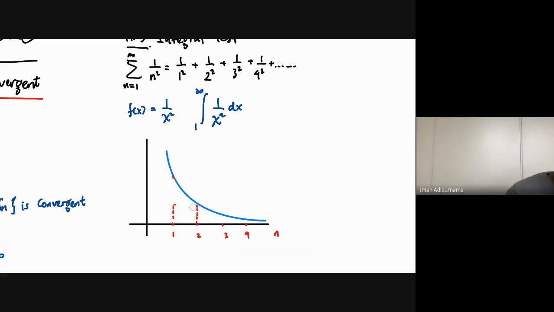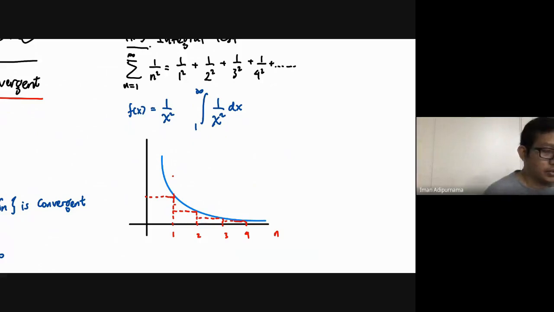I think it should be different. Okay, the red color means the area under the curve.